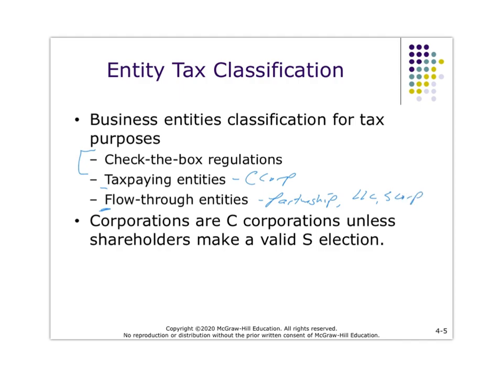And remember that a flow-through entity means that that particular entity, the LLC for example, doesn't pay entity level tax. Those taxes flow through based on your ownership. And there are some nuances between how partnerships, LLCs, and S corporations work, and that's really the focus of the rest of the course, okay?